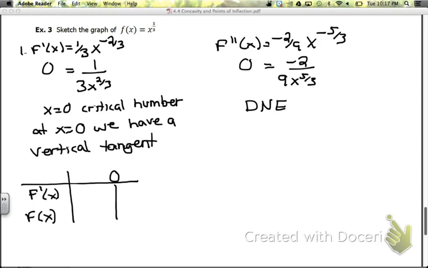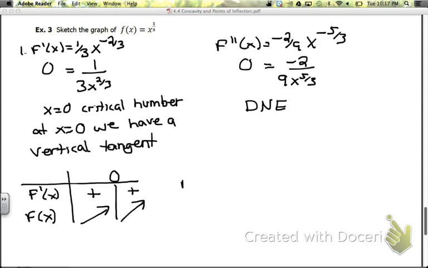On the left-hand side of 0, if you take the point, say, negative 0.1, you get that the derivative is positive, and therefore the function is increasing. And if you looked on the right-hand side of 0, say 0.1, it is also increasing.